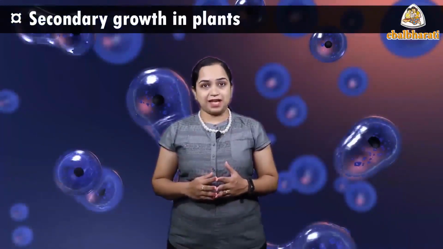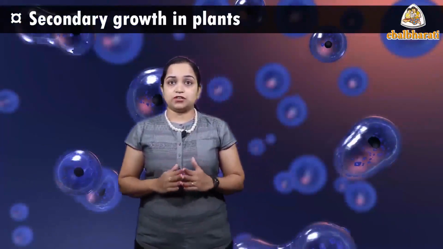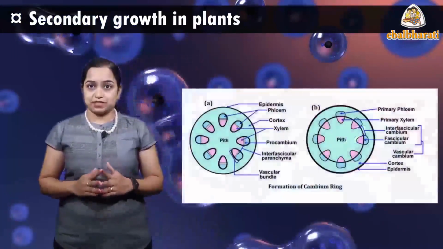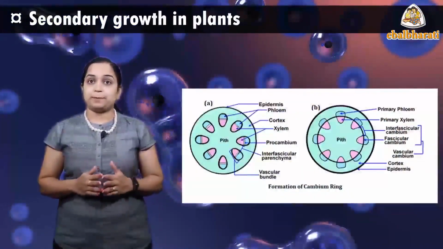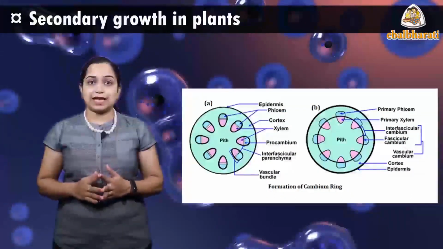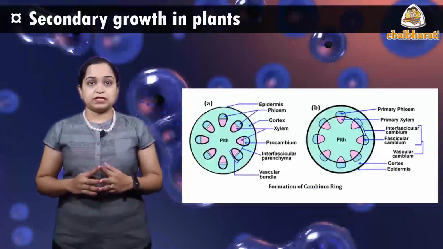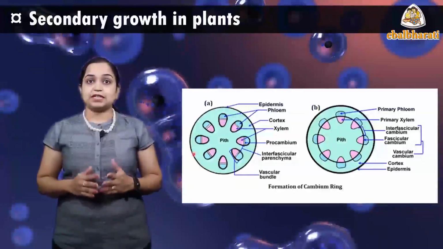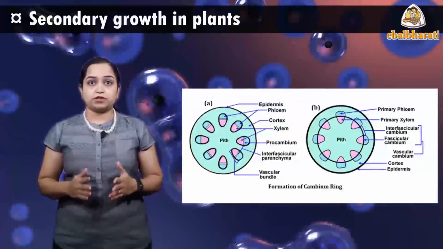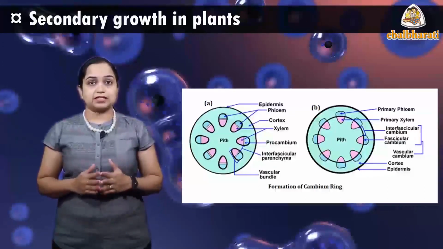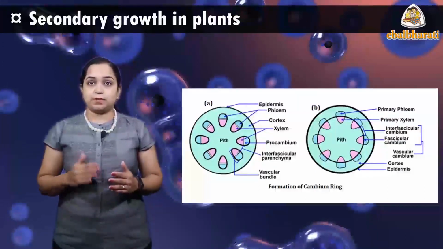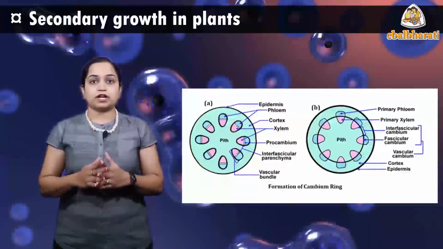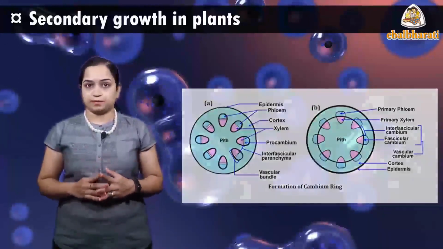Secondary growth in plants. The vertical growth of the roots and stems in length with the help of apical meristem is called as primary growth. Dicotyledonous plants and gymnosperms exhibit increase in girth of root and stem. In dicot stem, secondary growth begins with the formation of a continuous cambium ring.